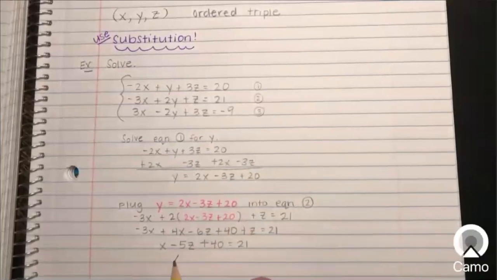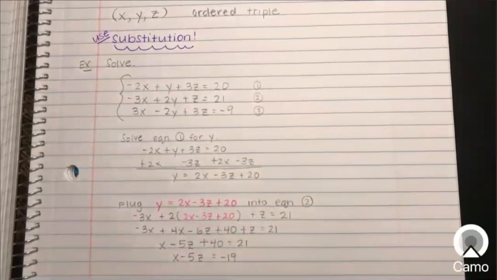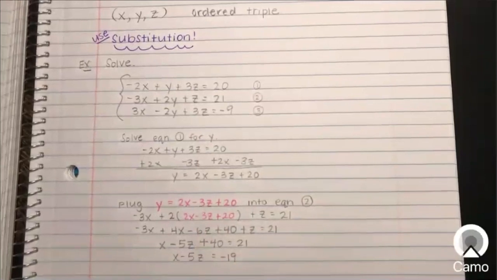Now we'll subtract 40. Okay, so now I have an equation with an x and a z, and it's a lot more simplified than what I had to start with.